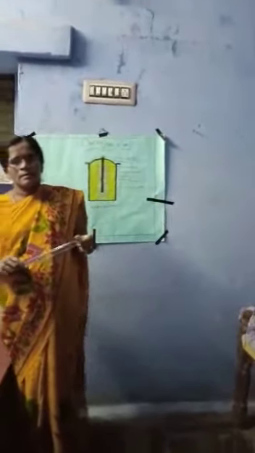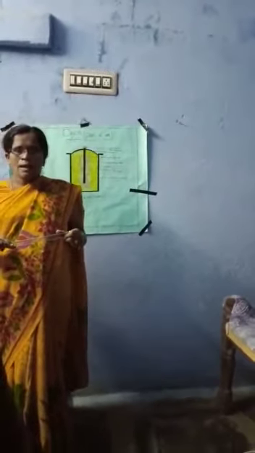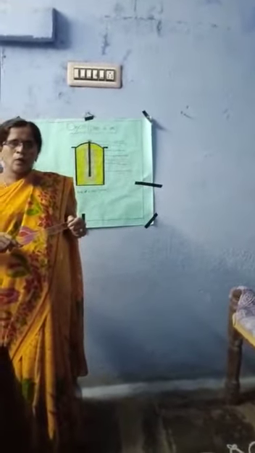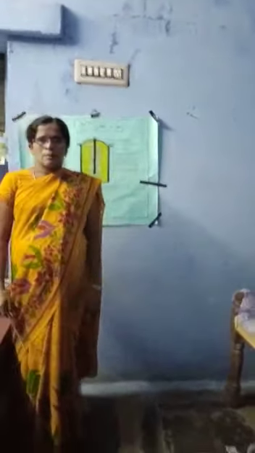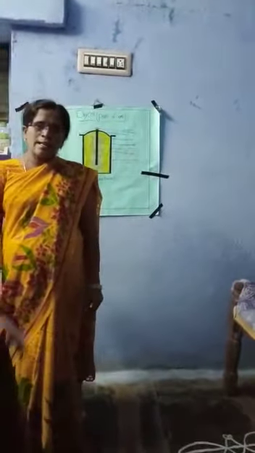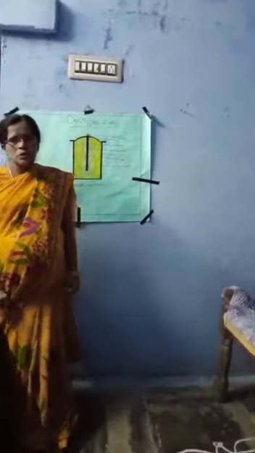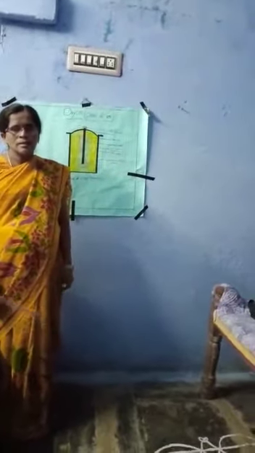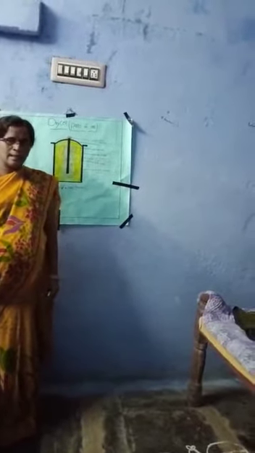Next definition, all things that run on electricity have electric current passing through them. Next definition, any device that is used to produce electric current is called a source of electric current.